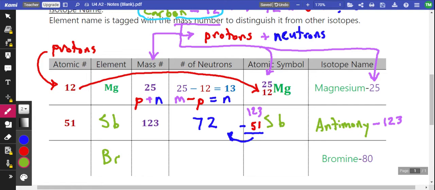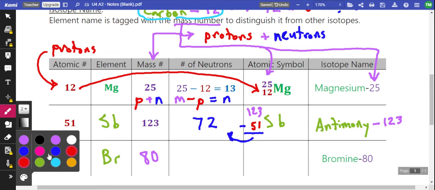Our isotope is tagged with this mass number 80, so that's our mass number there. While I'm looking at bromine on the periodic table, it's got its atomic number in the top left, which is 35. So it's got 35 protons.